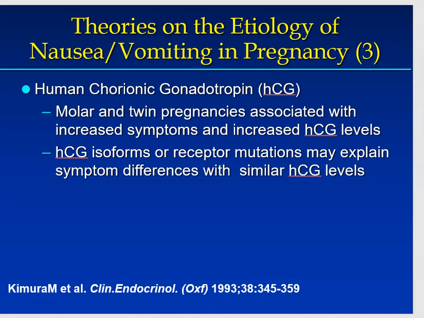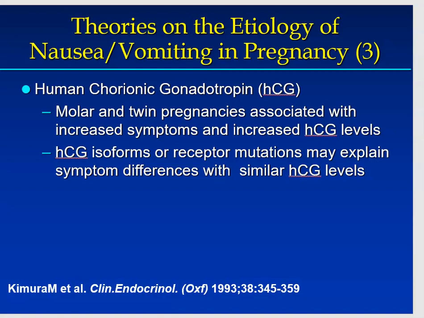Also, women who have similar HCG levels may or may not have the symptoms. It is felt that perhaps the symptoms are due to HCG isoforms or receptor mutations in the women who have symptoms as opposed to the women who don't.